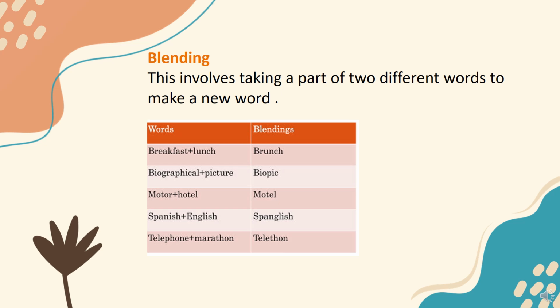Telephone plus marathon, telethon. So it is totally different. Not like the compound. In the compound, you take the two words and then you put the two words together. Here you only take something from the word and something from the other word to make a new word.